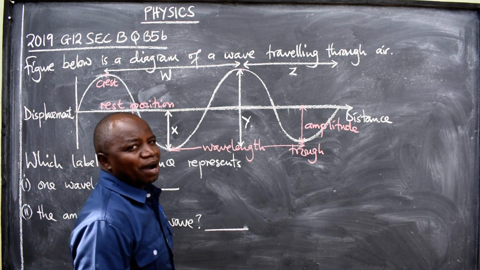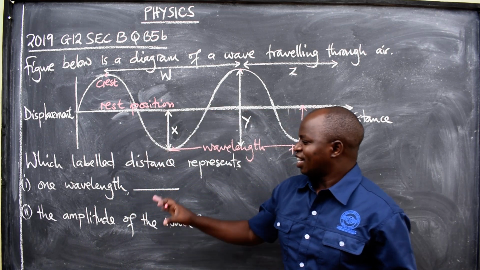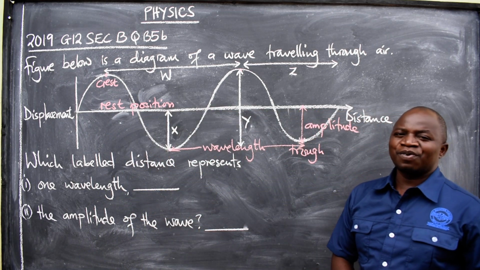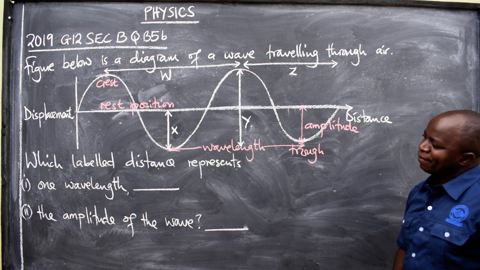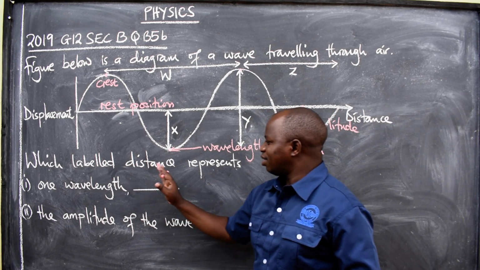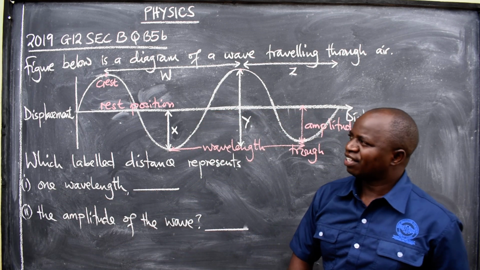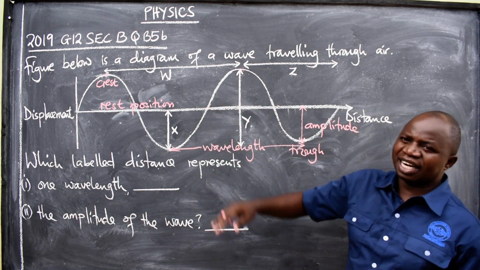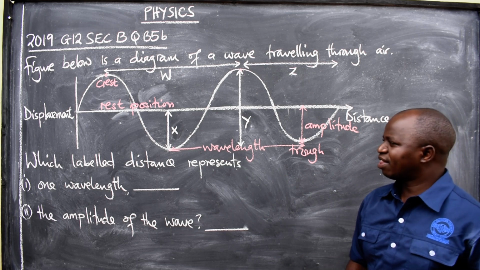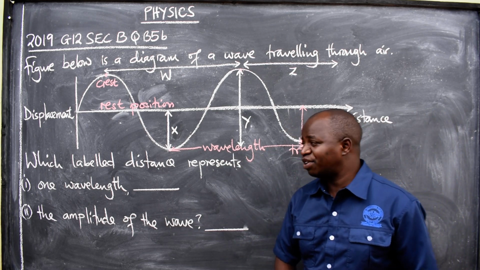With this in mind, let's now look at the questions here. Which labeled distance represents one wavelength? Which letter now represents one wavelength, from the explanation that I've given you?